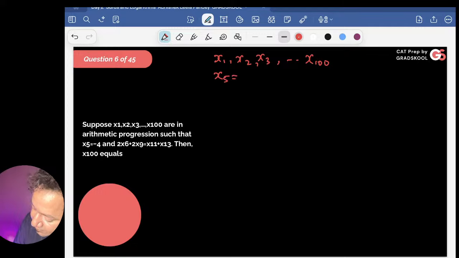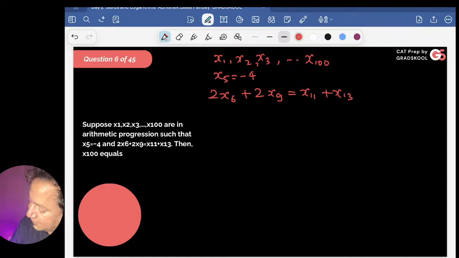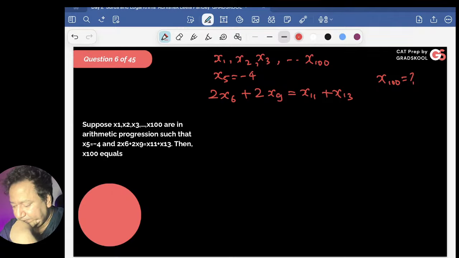Very good. And 2 times x6 plus 2 times x9 is given as x11 plus x13. You need to find the value of x100. All right. You have a minute to solve this.